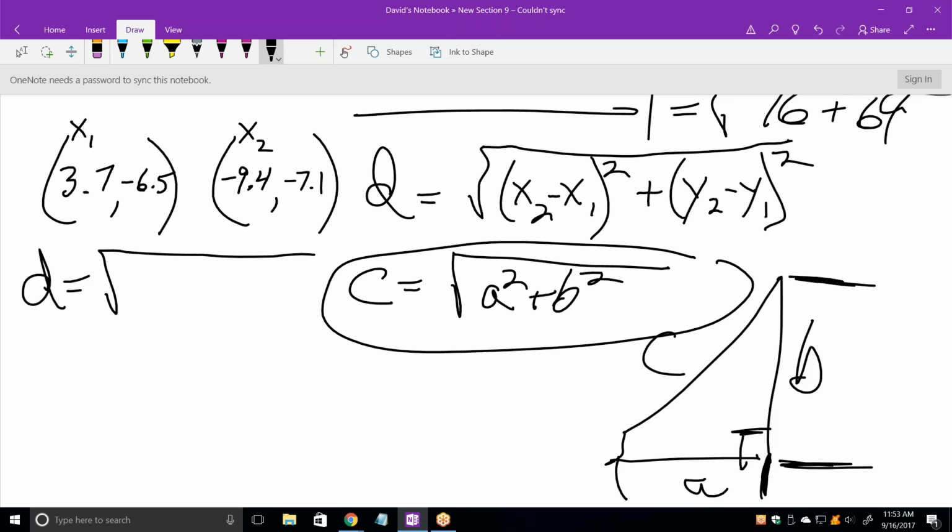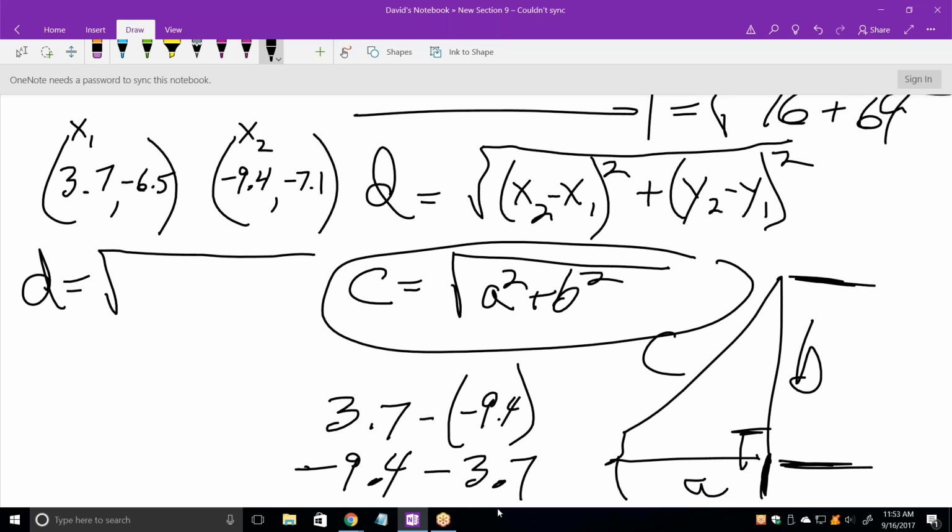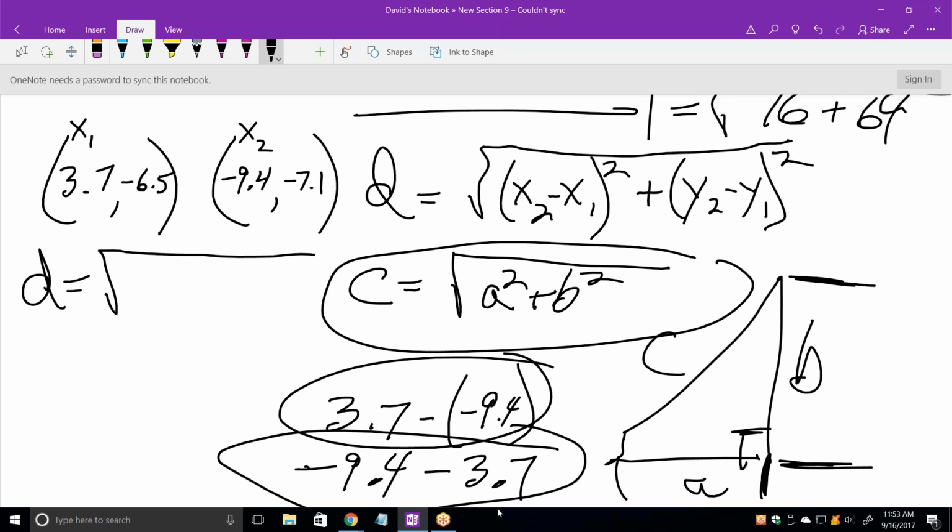What's easier, 3.7 minus negative 9.4 or negative 9.4 minus 3.7? Which of those is easier to do? To me, the top one, easily. Yeah, most definitely. 13.1. So the difference in the x's is 13.1 squared.